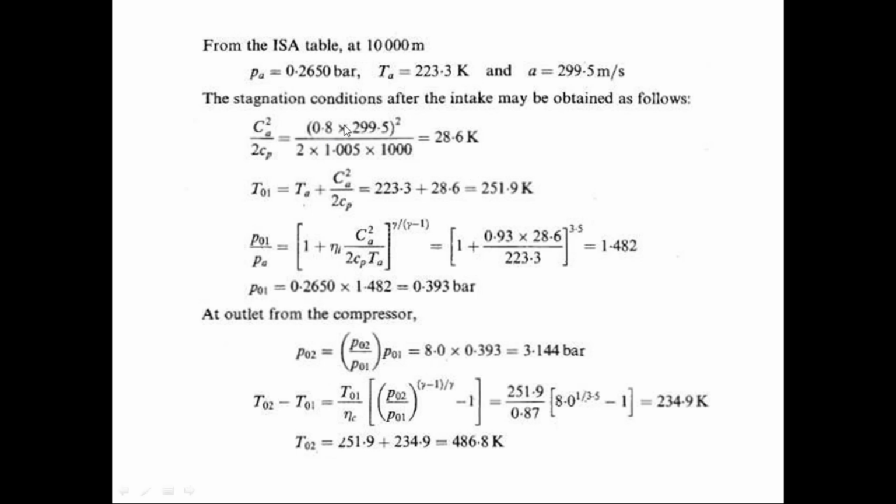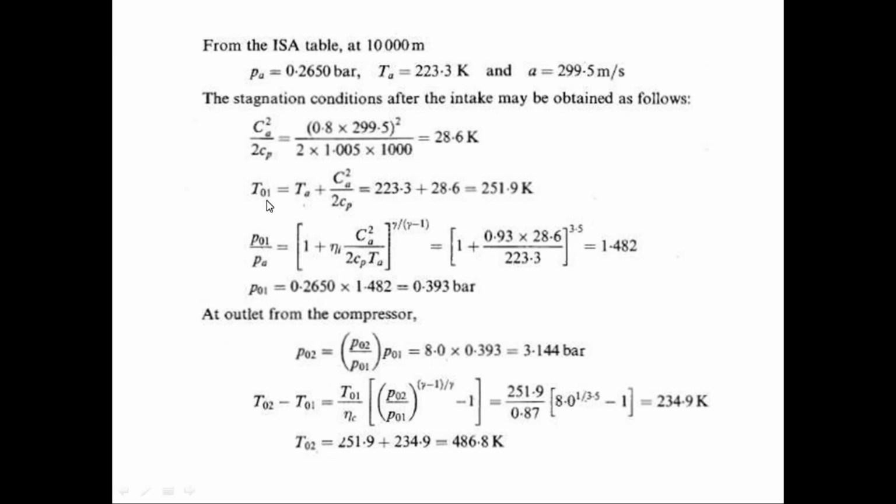CA square by 2 CP: CA is the velocity of the air entering the aircraft, which is equal to the Mach number times the acoustic speed. Mach number is 0.8 and the acoustic speed is 299.5. CP is 1.005 multiplied by 1000, because CP is expressed in joule per kg Kelvin. So CA square by 2 CP comes out to be 28.6 Kelvin.